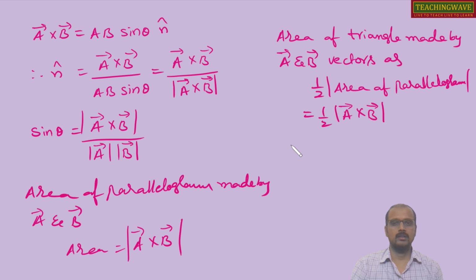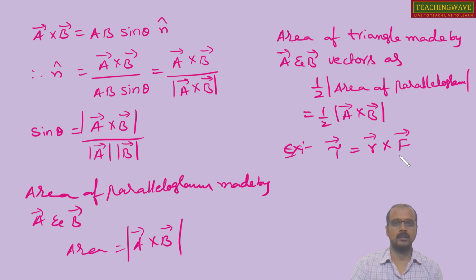Now come to the examples of cross product. The best example of cross product is the moment of force. That means the rotational effect attained by a given force about a point, written as tau bar. Tau bar about any point or any axis can be written as the cross product of the position vector of the point of application with the force.